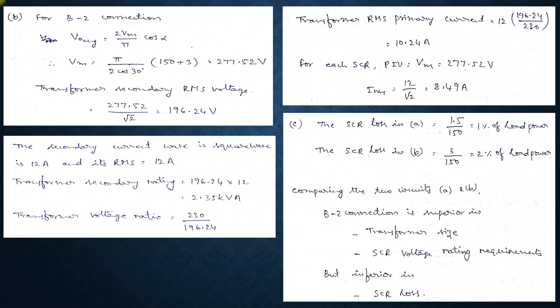The SCR voltage rating requirement is also much lower compared to the previous case. But what is inferior is the SCR loss. Why? Because in the B2 connection we are using two thyristors for one half cycle of operation, while in the M2 connection we are using one thyristor for one half cycle. So these are the basic differences between the M2 connection and the B2 connection.